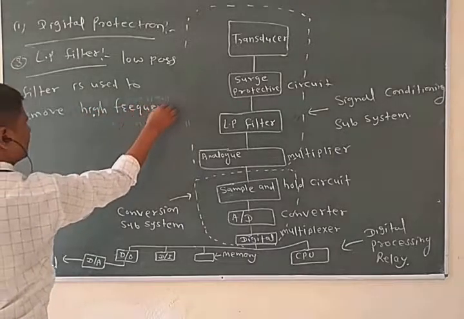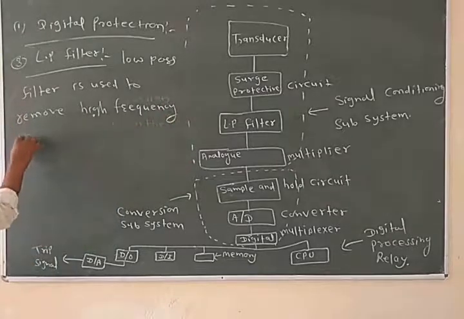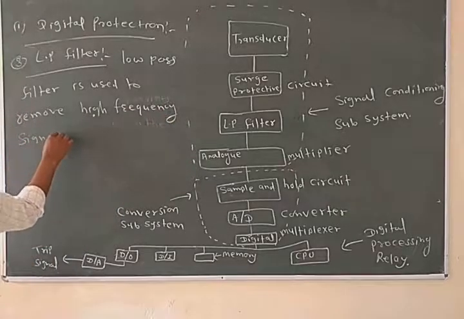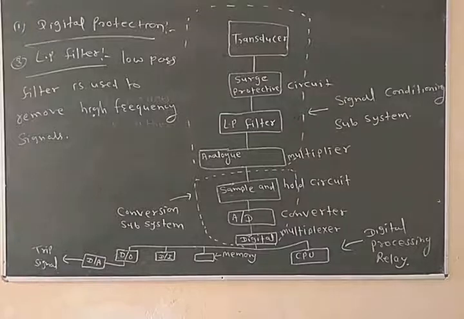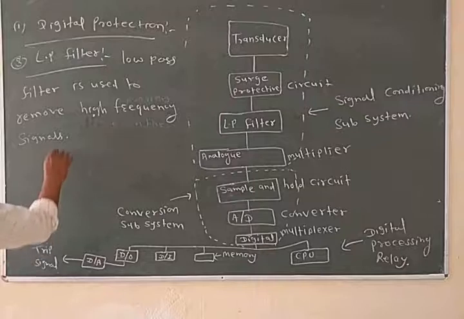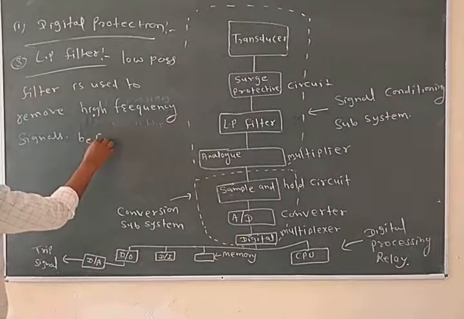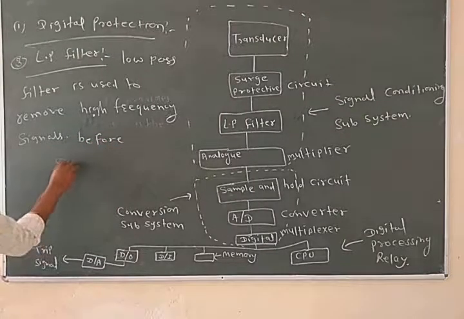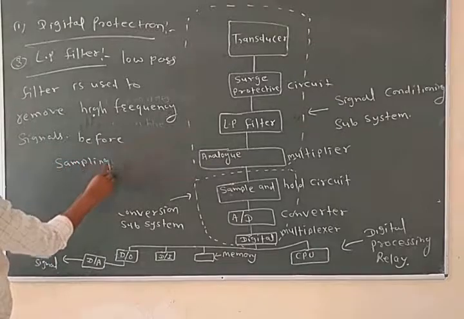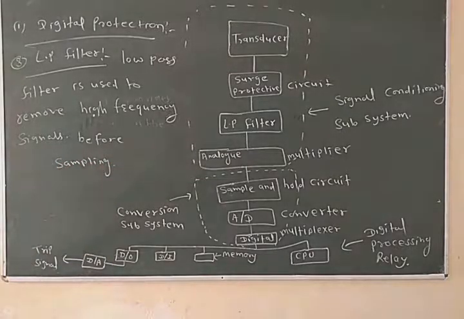The next component is the LP filter, that is the low pass filter. The low pass filter is used to remove high frequency signals before sampling. High frequency signals means harmonics. These harmonics are removed with the help of the low pass filter because they may cause unwanted tripping in the circuit.